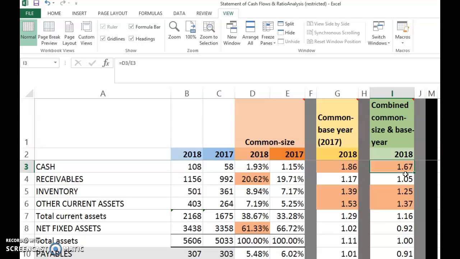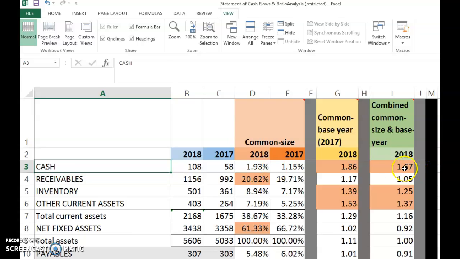1.67 indicates the number of times the item, this cash item in this case, as a proportion of total assets, has increased compared to the base year. Is that okay?